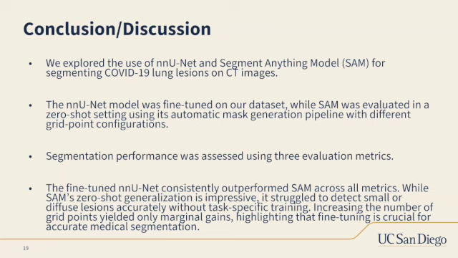What we find is that the fine-tuned nnU-Net model consistently outperformed the SAM model across all metrics. While the SAM model's zero-shot generalization is impressive, it struggled to detect small or diffuse lesions accurately without task-specific fine-tuning. And increasing the number of grid point inputs yielded only marginal improvement, highlighting that fine-tuning is crucial for accurate medical image segmentation.